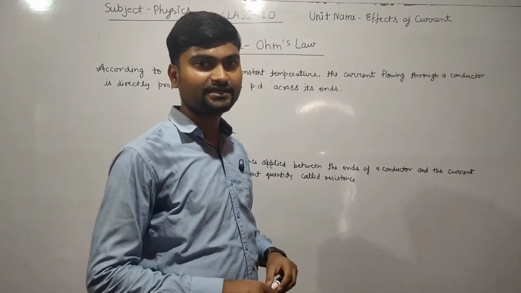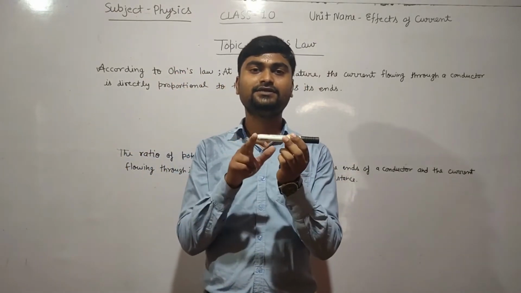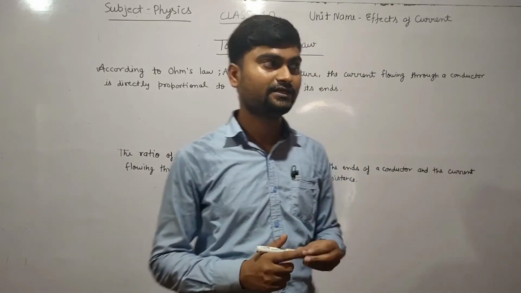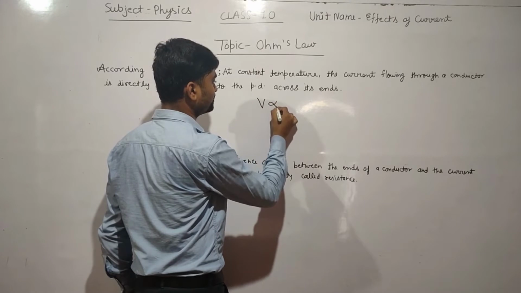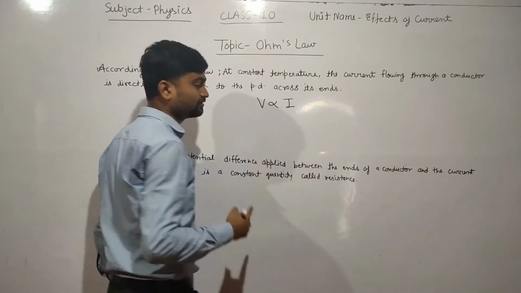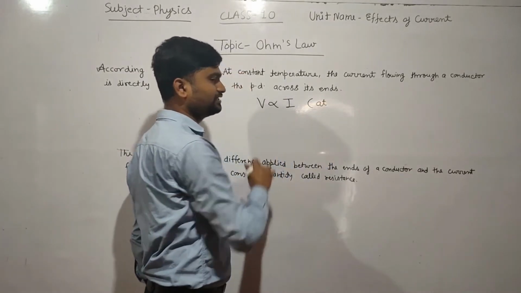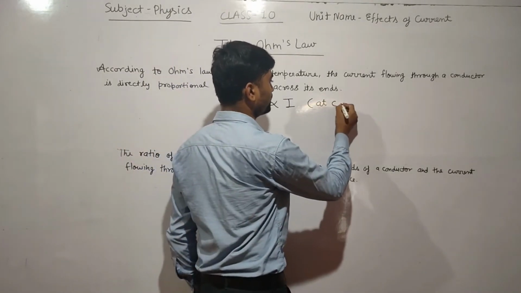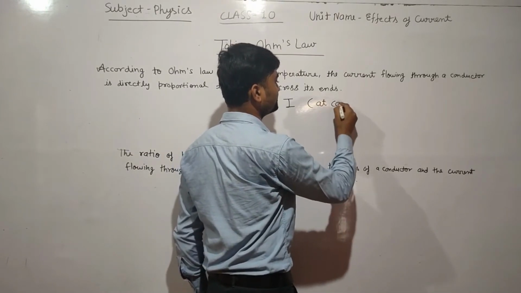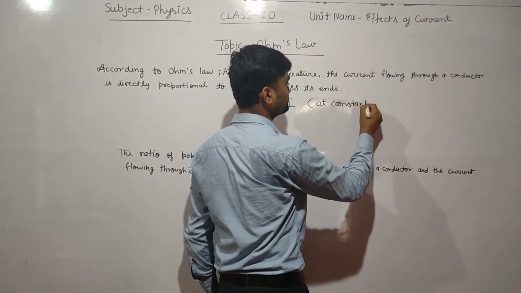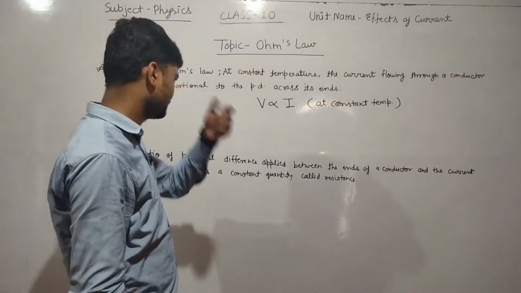If I is the current flowing through a conductor and the potential difference applied across the conductor is V, then we can write V proportional to I according to Ohm's law, and we can say this relation under a condition, that is, at constant temperature. The condition is that temperature should be constant.